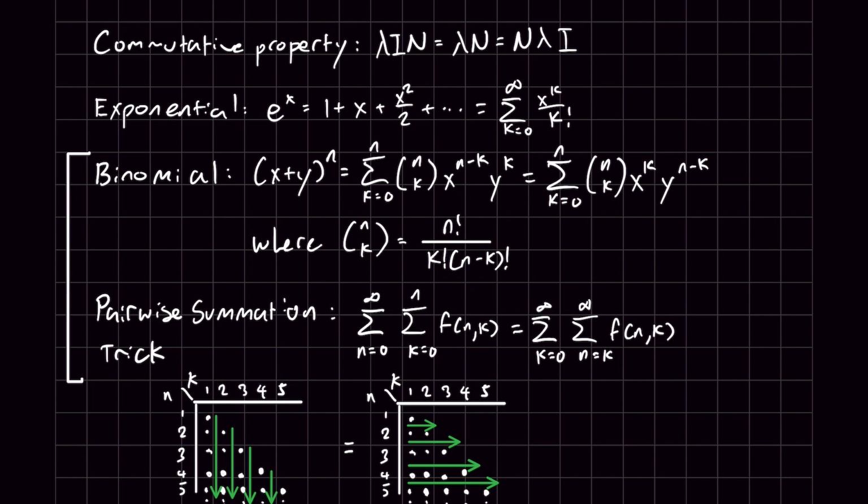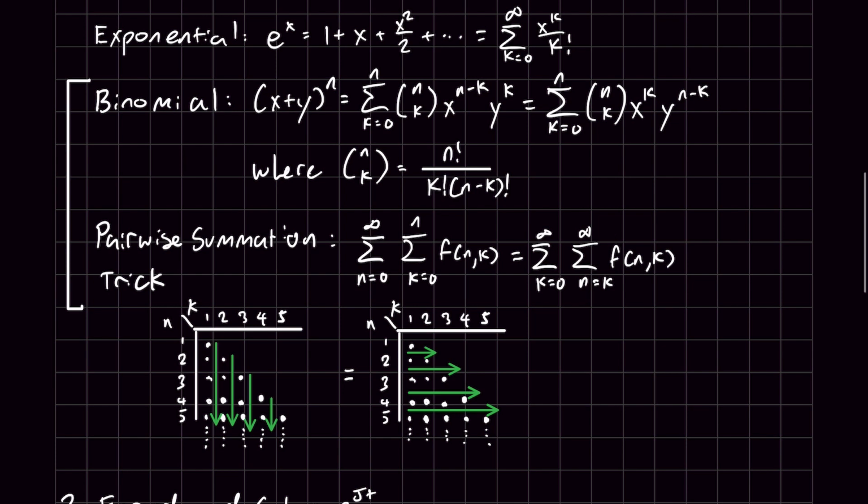It's pretty straightforward. And then finally, a pairwise summation trick. Over here, if you have a sum to infinity, n equals 0, and then a sum to n, or k equals 0, this will be equivalent to reparameterizing it as sum to infinity k equals 0, and then sum to infinity n equals k. I don't have a formal proof written down for this.